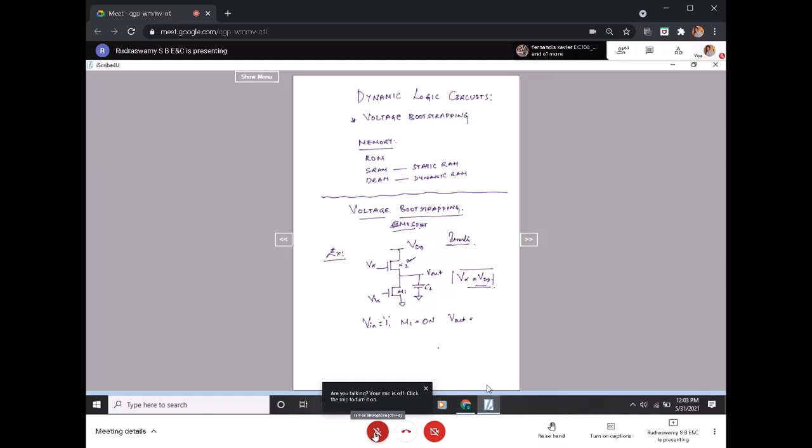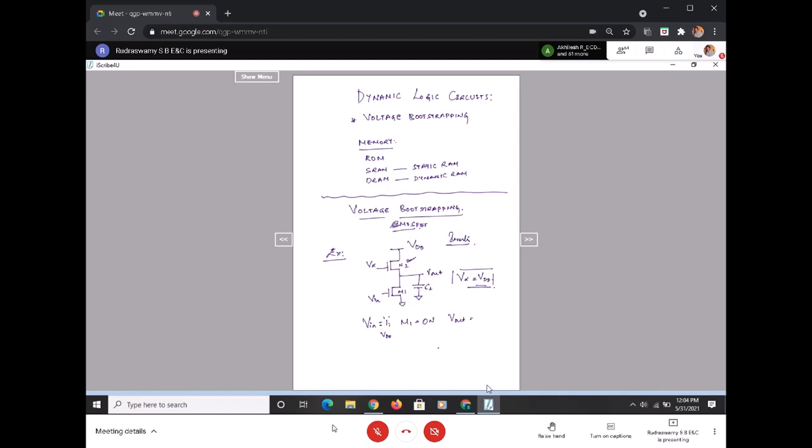What is M2, whether it is on or off? Since Vx is VDD, it's on. M2 is always on because Vx is VDD. And now I have given Vin to be logic 1, which is nothing but VDD, that is 5 volts or 3 volts, depending upon the technology.